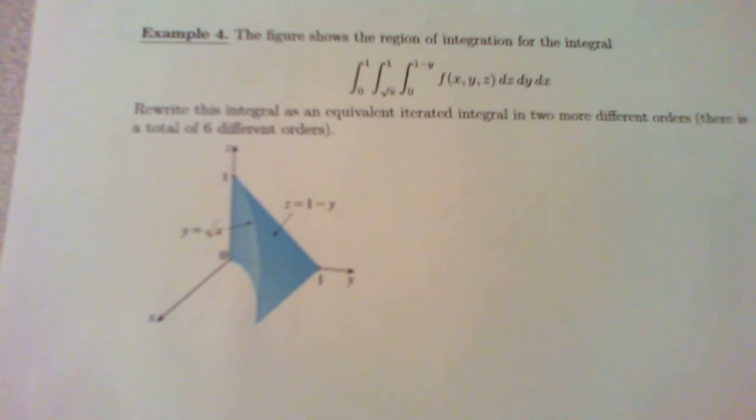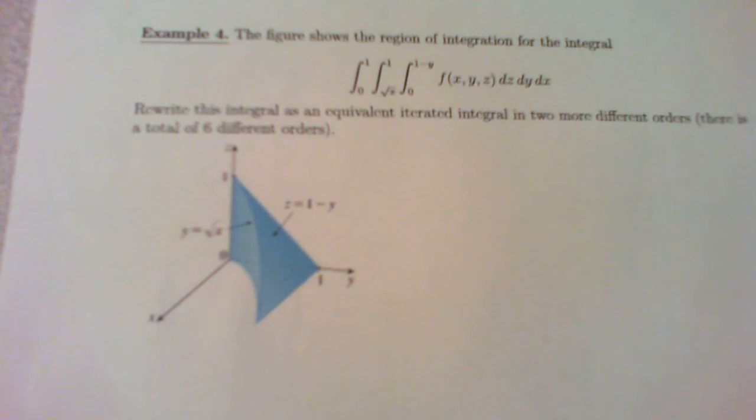Now what this one is all about is switching the orders of integration. That can get real messy real fast. It only wants me to do two other different orders.